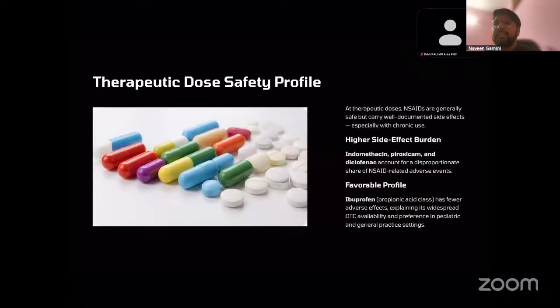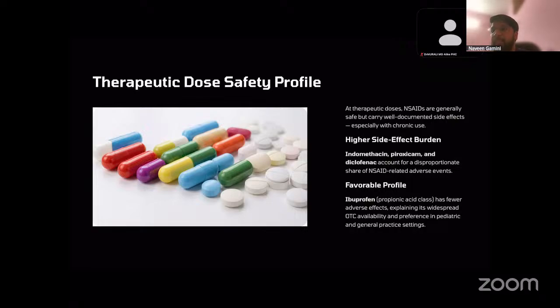Next, regarding the safety profile, at therapeutic doses NSAIDs are generally safe, but definitely they have well-documented side effects if they are chronically used. Regarding the higher side effect burden, indomethacin, piroxicam, and diclofenac are the three which account for a disproportionate share of NSAID-related adverse events.